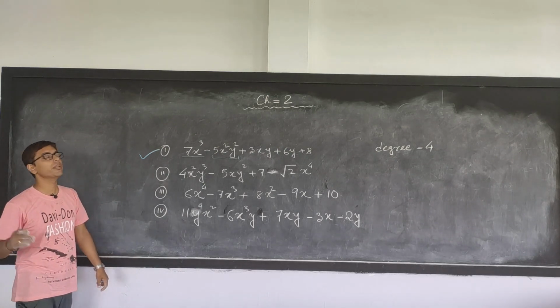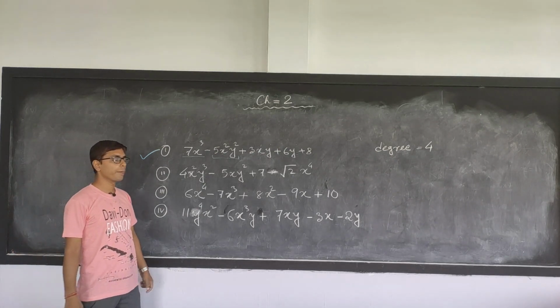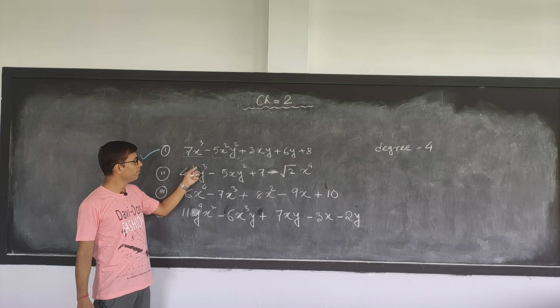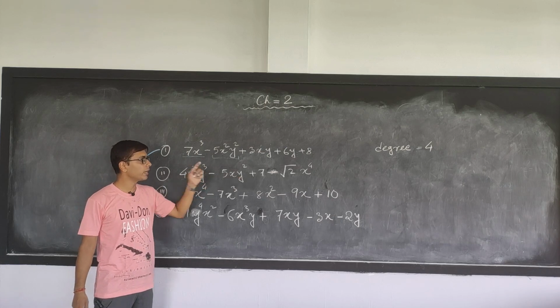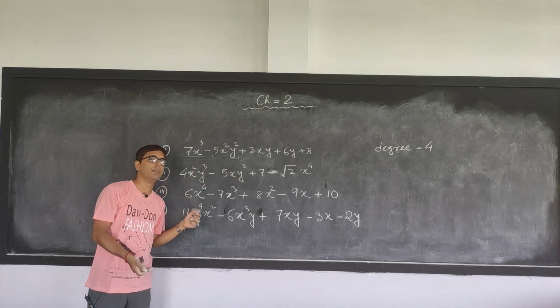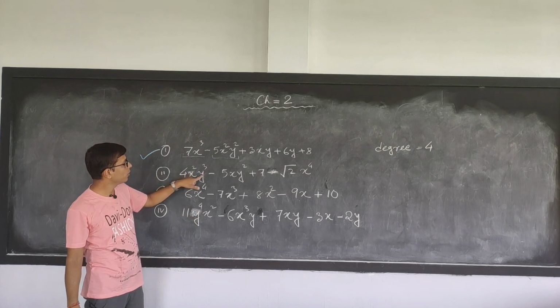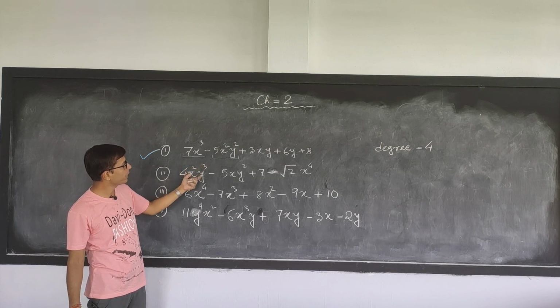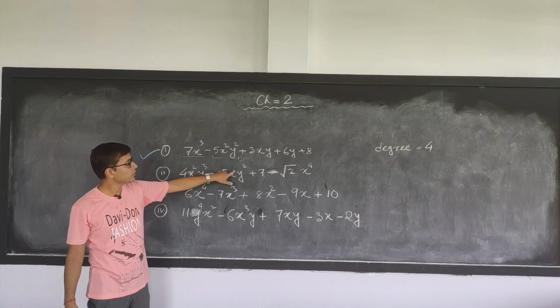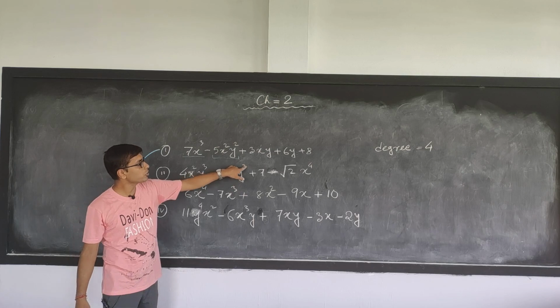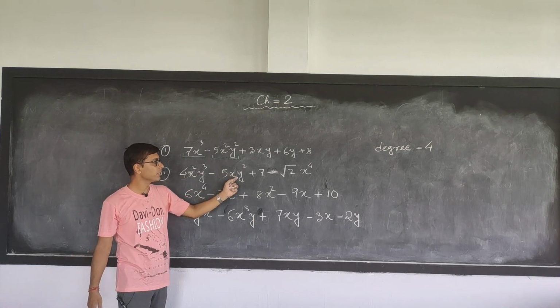Polynomials having two variables. Now how to find out the degree? We have to sum up the powers on the variables in each term, and the maximum power will be the degree of this polynomial. Here in this case, what is the maximum power? What can you obtain after summing up? There is 2 plus 3 is 5, so maximum will be 5. Here there is no power, that means 1 plus 2 is 3, so maximum is 3.